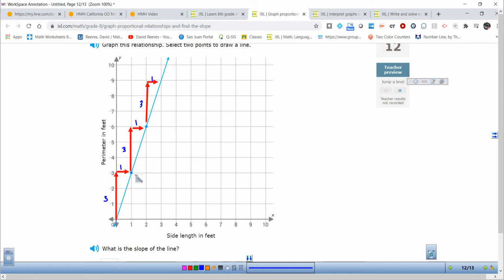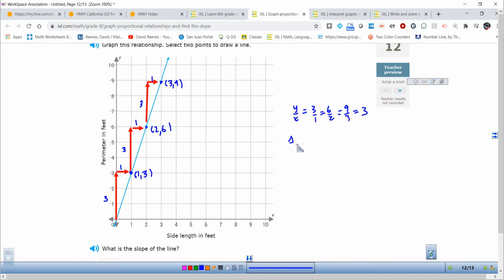By the way, if you take any one of these points, 1, 3, or 2, 6, or 3, 9, if you did y over x, you would get 3 over 1, or 6 over 2, or 9 over 3, which all equal 3.